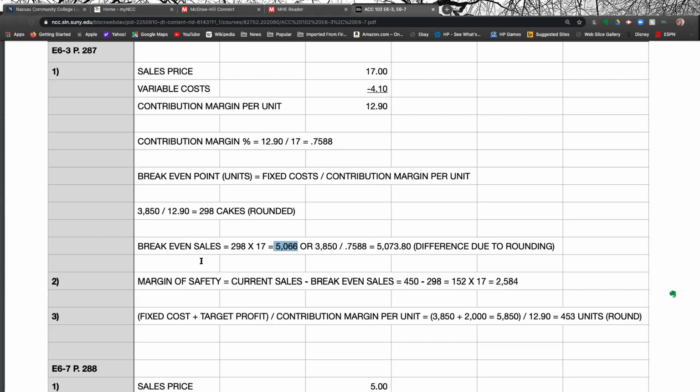Now, what about the margin of safety? Well, we want to take the current sales minus the break-even sales. Now, in this case, they decided to do that in units. In the textbook, they used dollars, if you look at the example in the textbook.